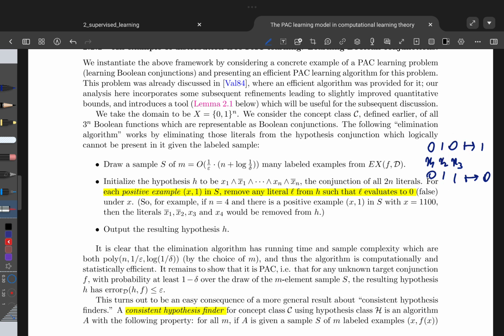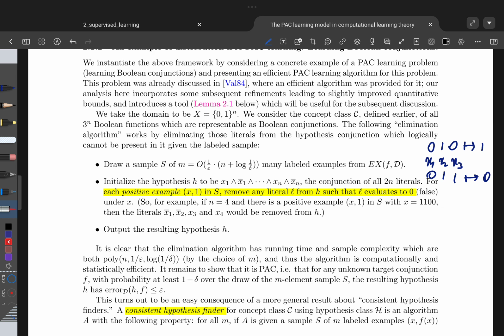And the function can be 1 only if x3 is equal to 0, irrespective of what happens to all of the other variables. Do you agree? Yes or no? Okay. So which means that from just these two samples, I can say that x3 must be equal to 0 for the function value to be equal to 1.